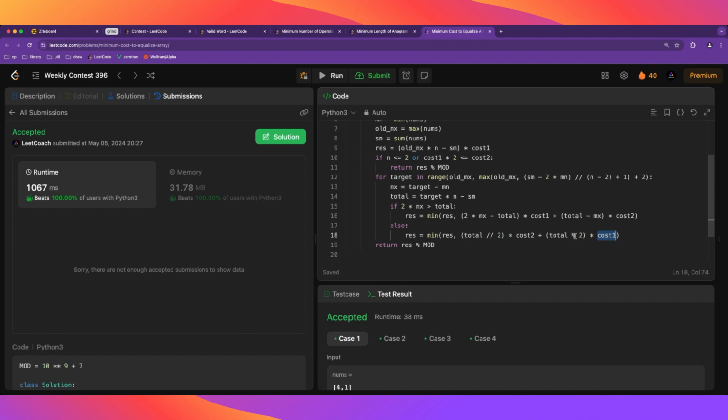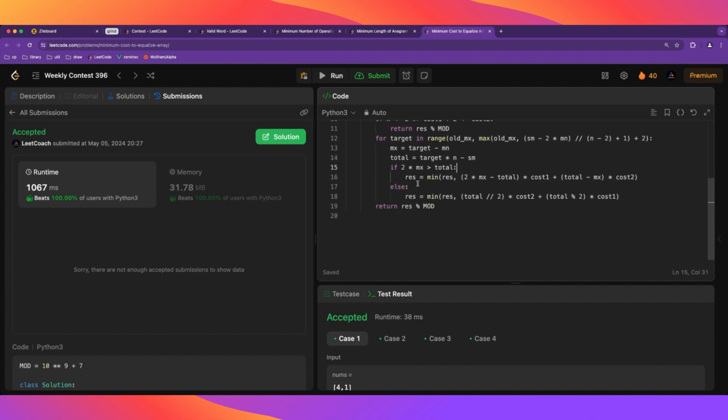So maybe the total changes to an even number, and then we don't have to pay cost 1, not even once. And that's why I have this 2 here. Because once I get here, I want to do 2 times that. And yeah, that's the whole idea.